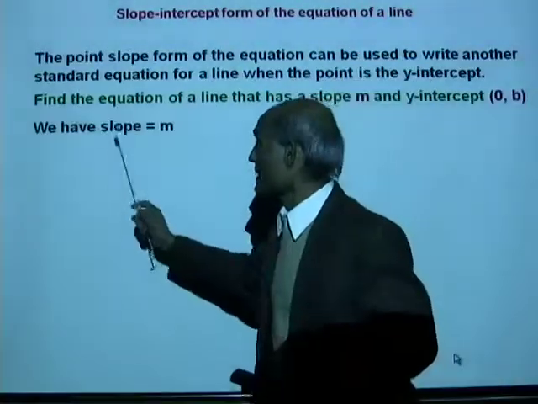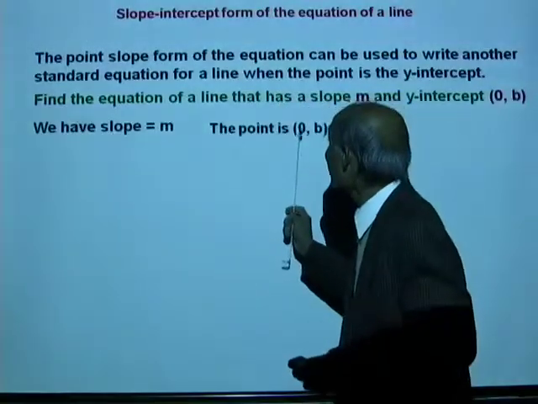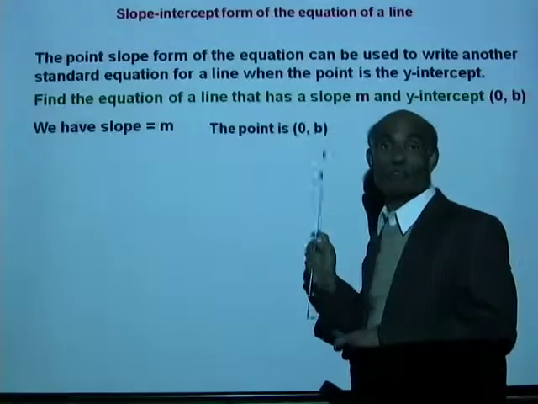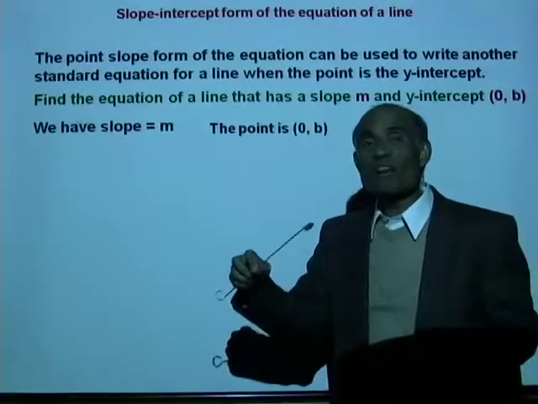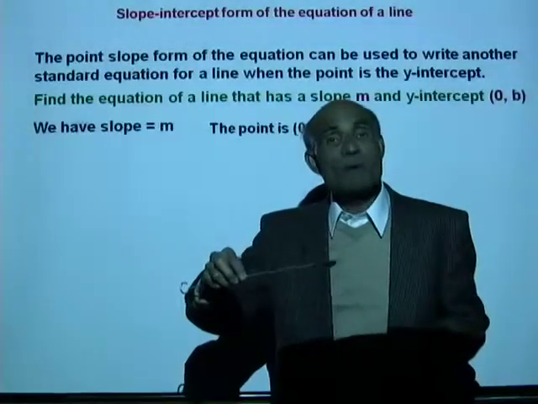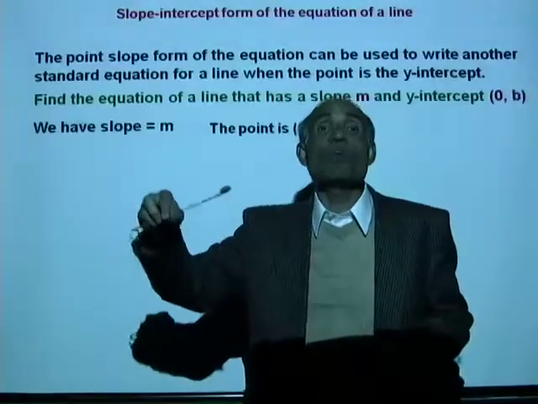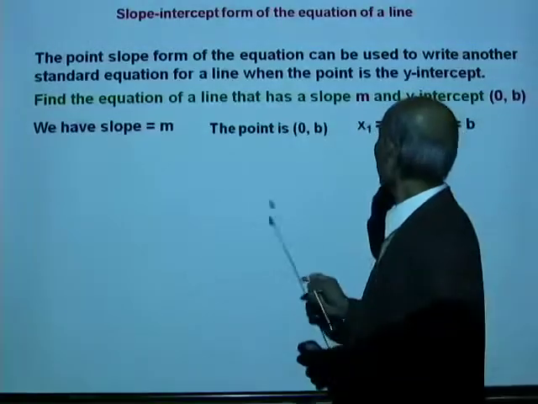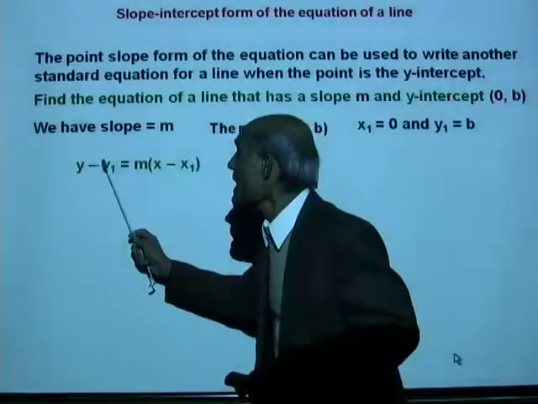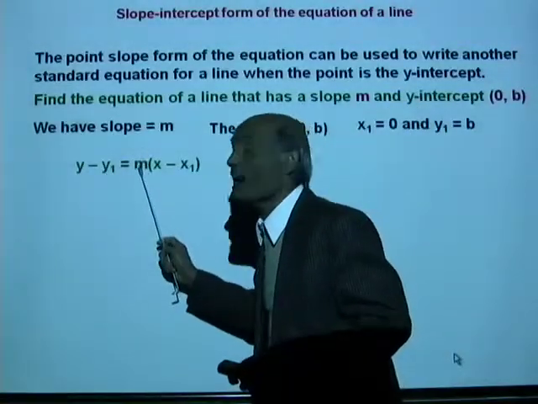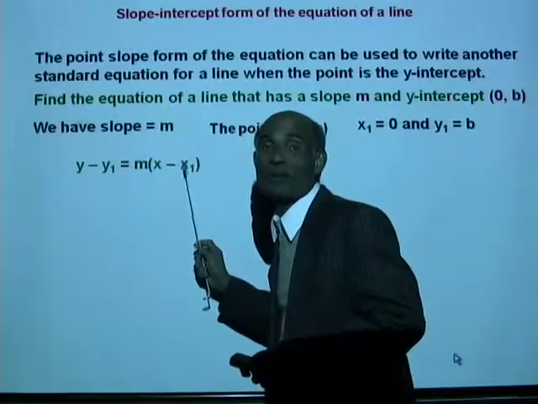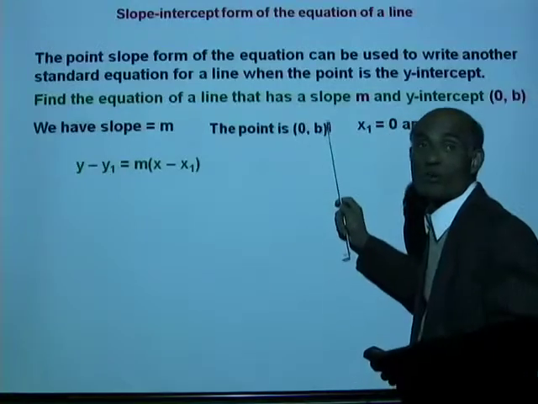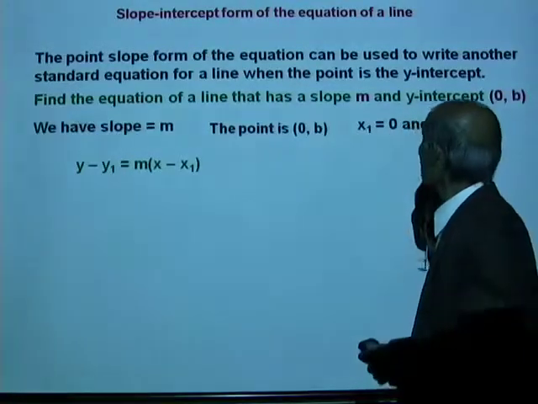Alright, so we have the slope m and the point is 0, b. We have the slope and we have the point. What is the equation of a line that has a slope m and passes through a point x1, y1? Well, we've got y minus y1 equal to m times x minus x1. And in this case, our x1 equal to 0 and y1 equal to b.